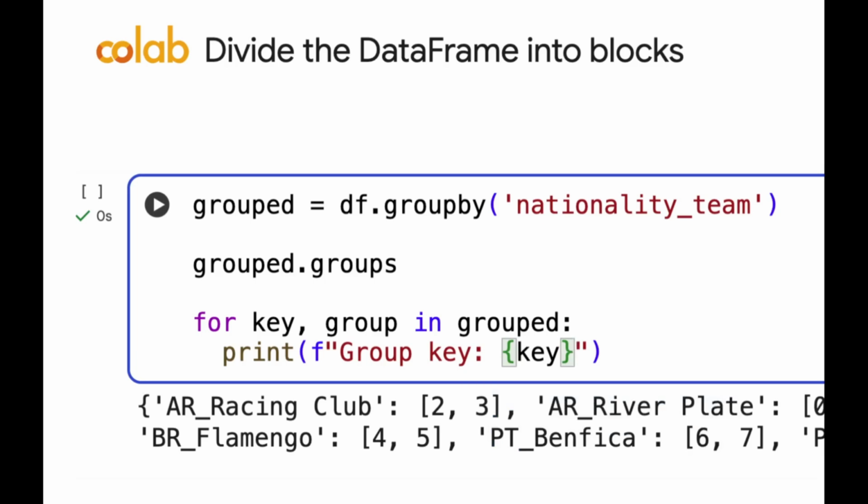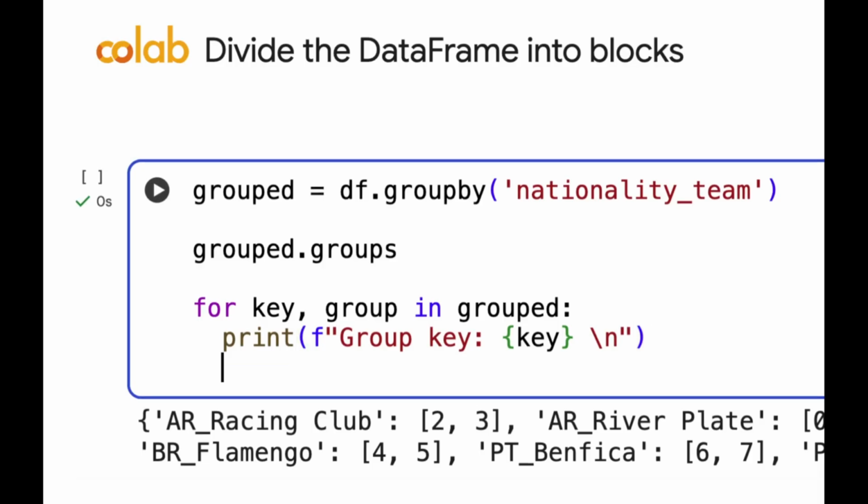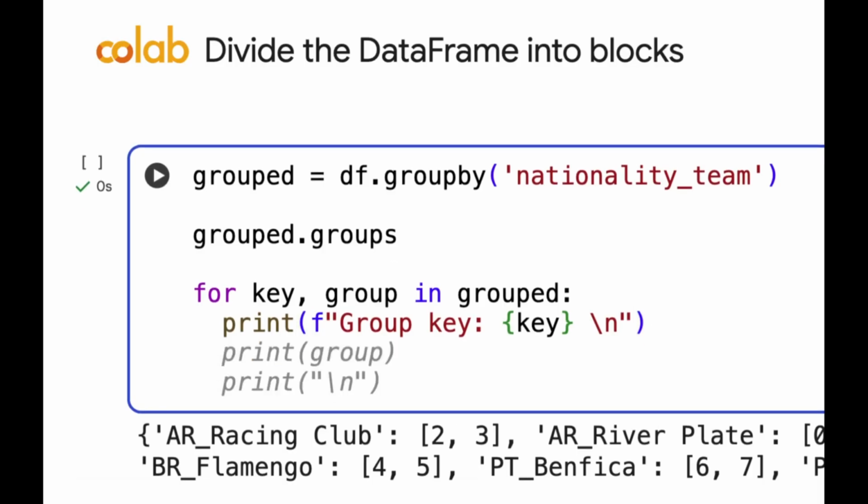So this is the blocking ID for the group we fetch, right? And then after that, let me include \n. So \n means that we are changing to a new line. We're going to include a change line symbol so that whatever we display next after this line of command will be on the new line. Okay. Now this is to show the key of the group I want to display, right? Within each iteration of the loop.